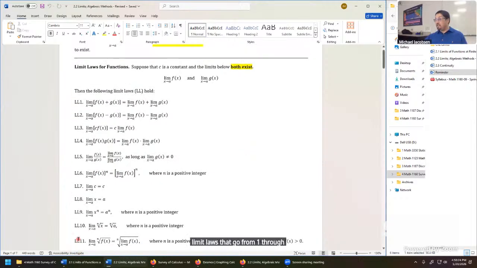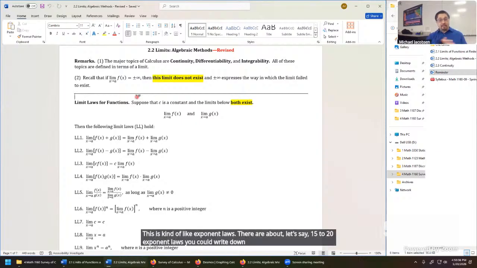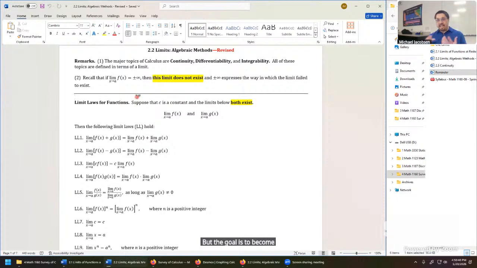That's a lot of material. But keep in mind, when it comes to limit laws, here's a really big analogy. This is kind of like exponent laws. There are about, I'd say, 15 to 20 exponent laws you could write down on paper if you're writing down all of them. But the goal is to become very familiar with them so you take those properties for granted. We'll be doing the same thing with the limit laws that we see here.